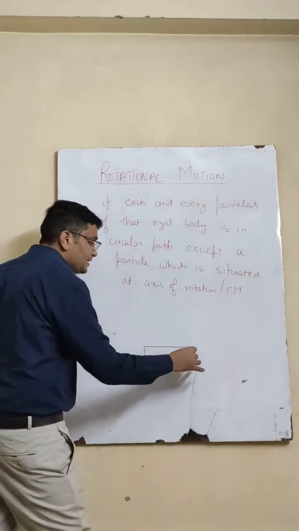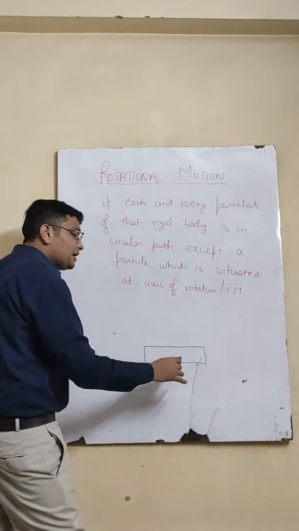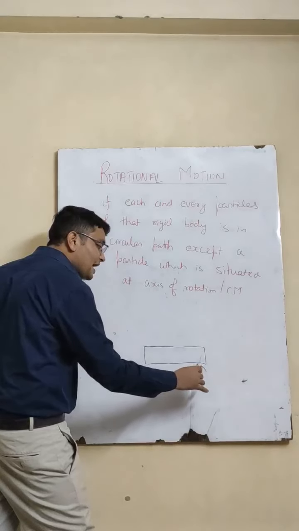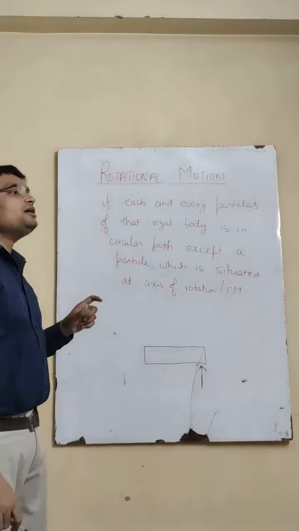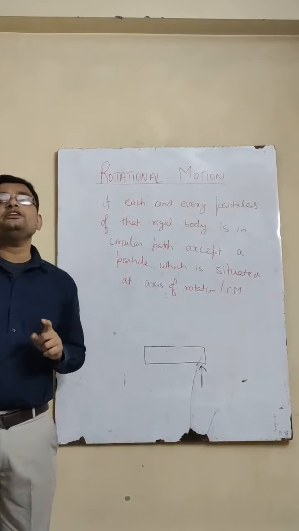I have taken a rod, and I apply an impulse at this corner. What is impulse? Impulse is basically a large force applied for a very short period of time.